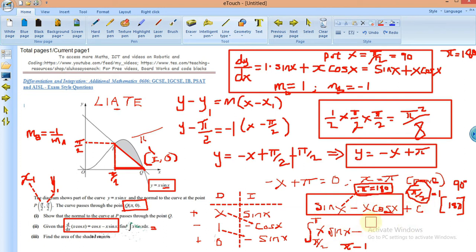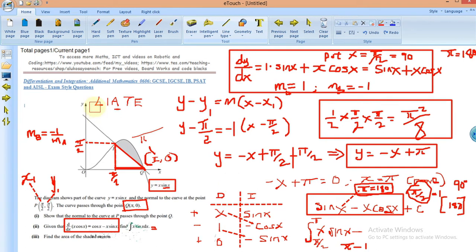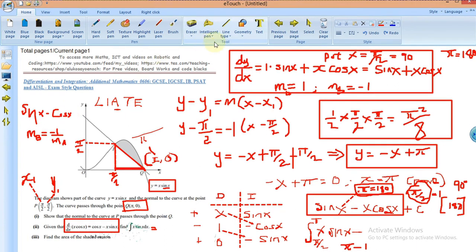I think you know how to do this, guys. We are going to have something like this: sine x minus x cos x. Then you take your limit, from pi over 2 to pi.